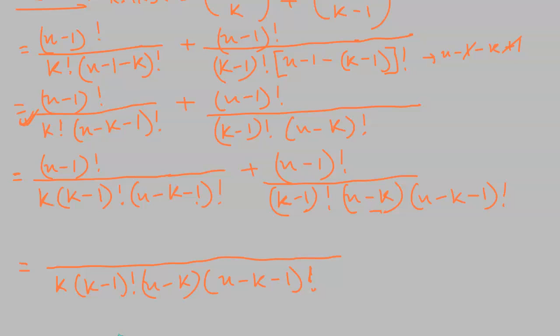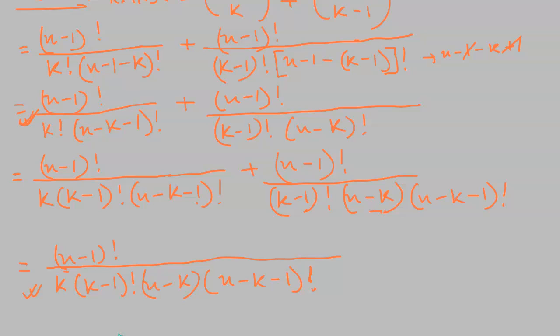And what happens to the numerator? Numerator of the first term, it is n minus 1 factorial, but the denominator got changed to this form. Previously it was k times k minus 1 factorial times n minus k minus 1 factorial. So what all factors got added or multiplied to the denominator?